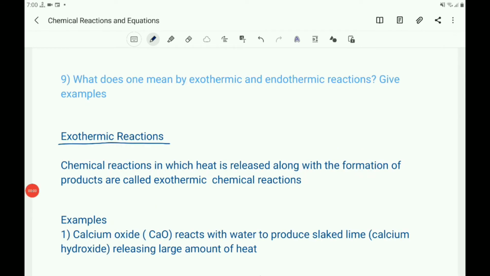So now the 9th question: what does one mean by exothermic and endothermic reactions? Give examples. You know that constituent elements in a compound are bound by chemical bonds.